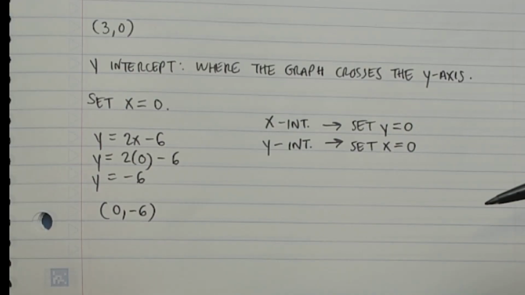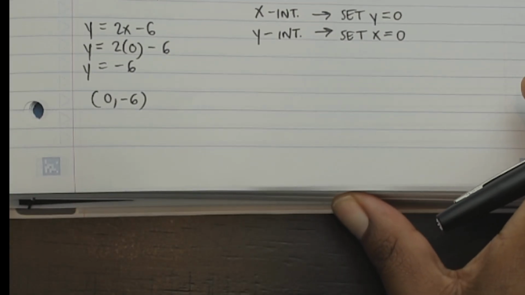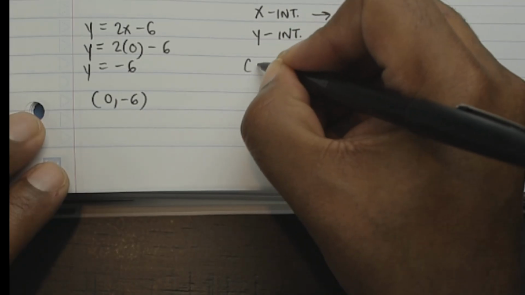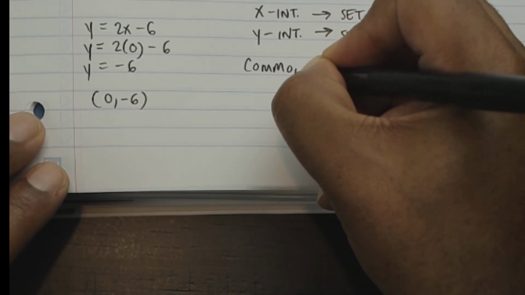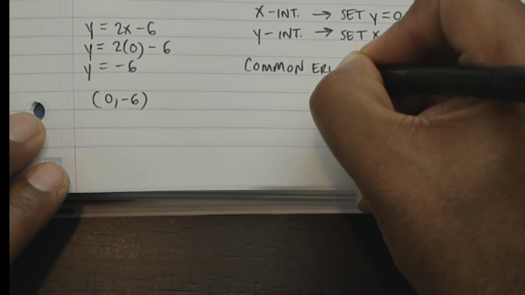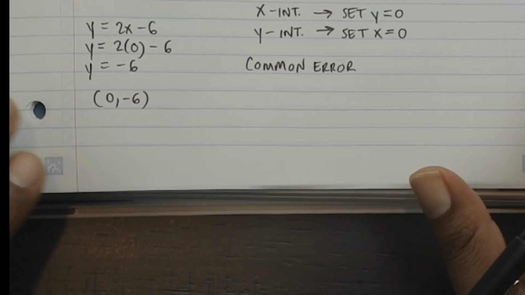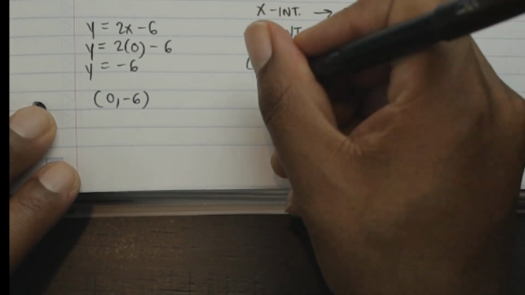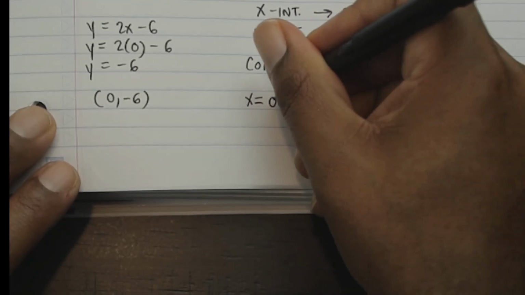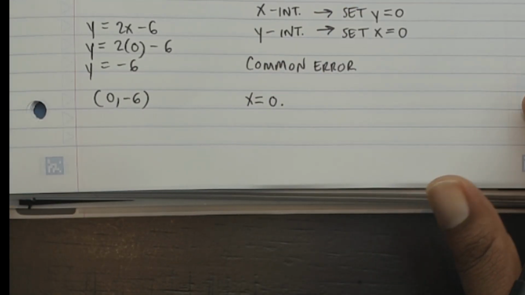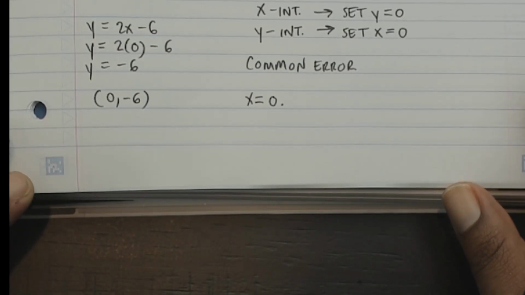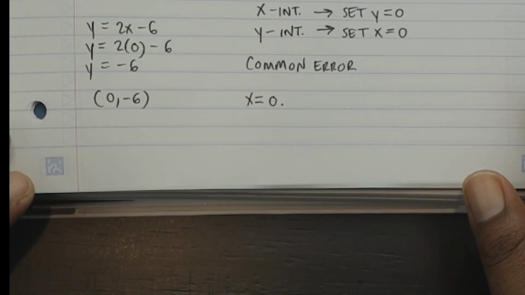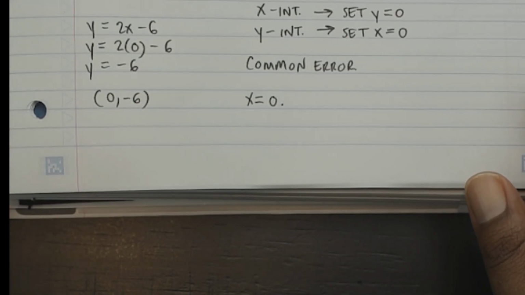Now, let's look at a common mistake. A student wants to find the x-intercept and sets x equal to 0. Is that correct?